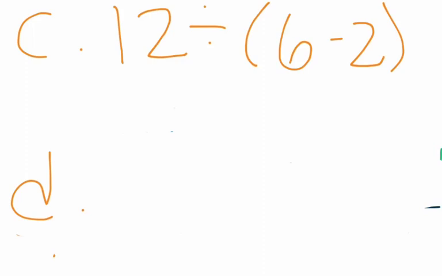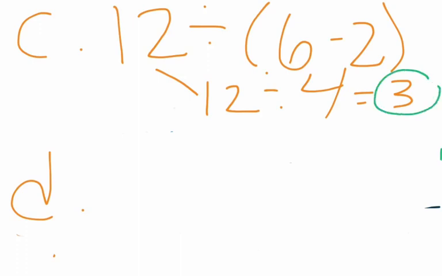So this is just a little preview of more in-depth equations that you'll be doing later on in your life. But for now, we're just going to go ahead and do 6 minus 2, which is 4. And then we're going to bring down the rest. And we're going to do 12 divided by 4. In other words, we're asking ourselves what times 4 equals 12. And we get an answer of 3.